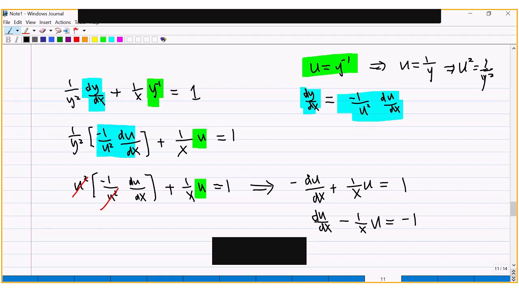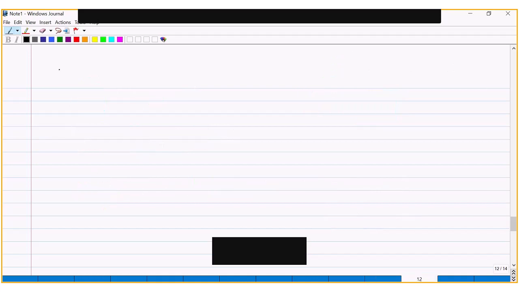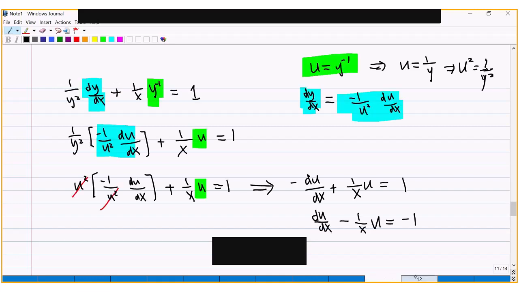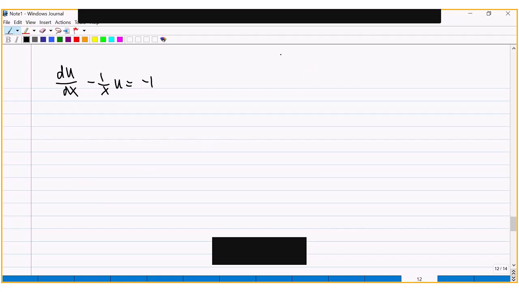Now how to solve for u? Just recall the standard procedure again. du/dx minus 1 over x u equal to minus 1, the original equation. The standard equation is dy/dx plus P(x) times y equal to Q(x), the standard first order linear equation.